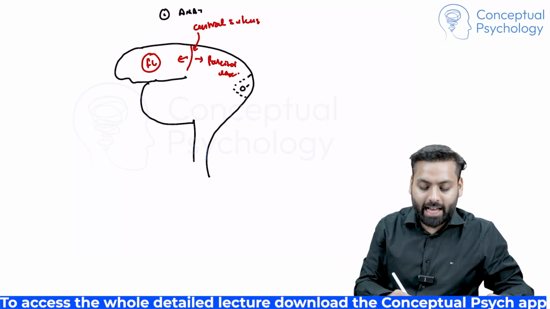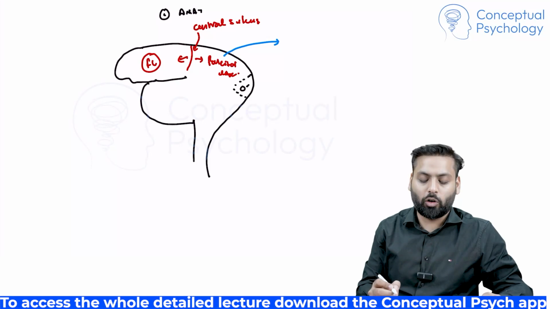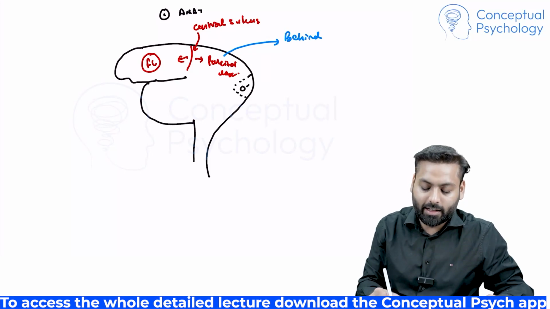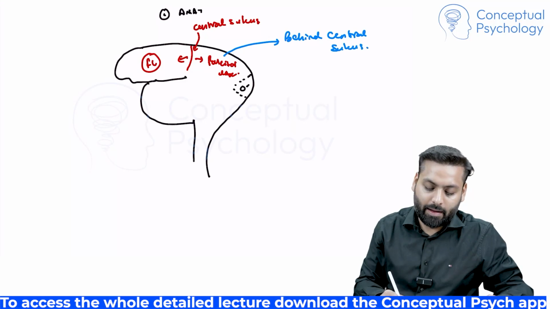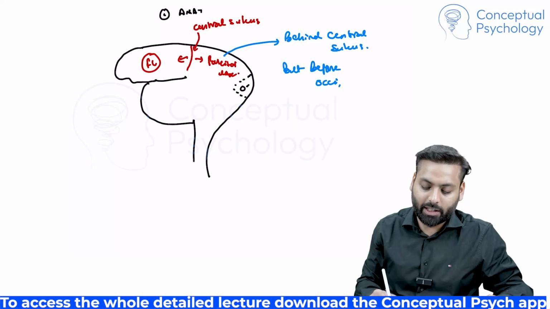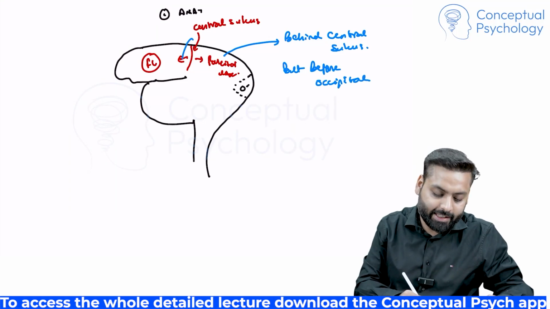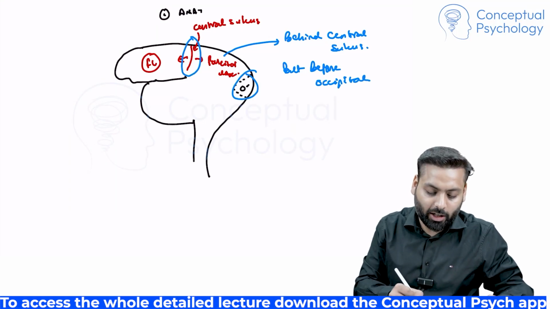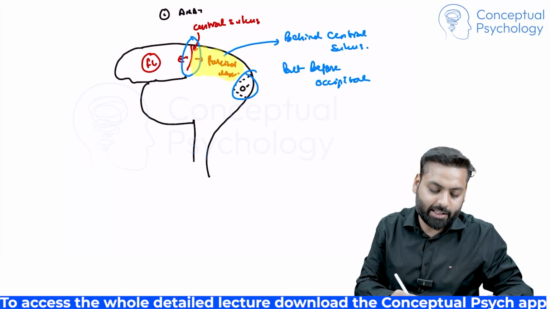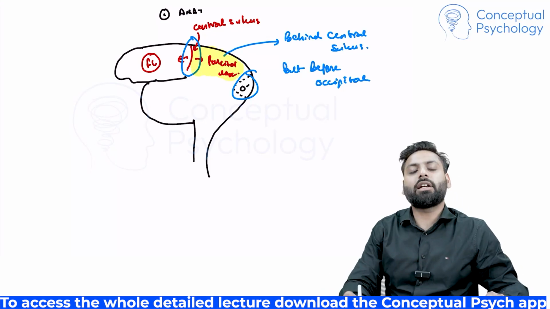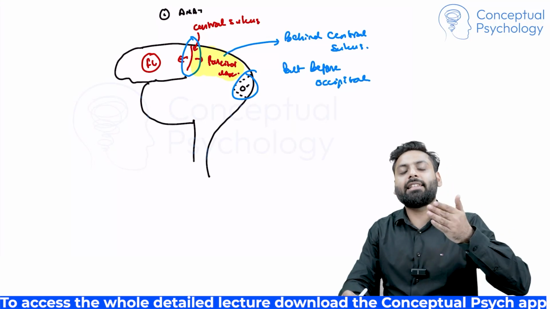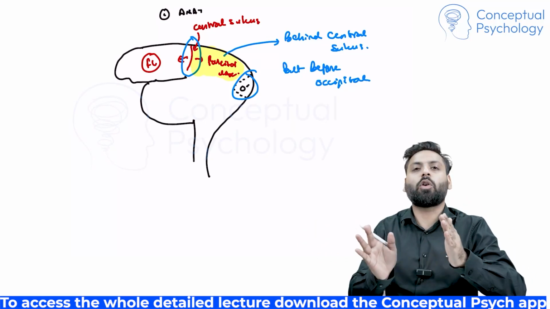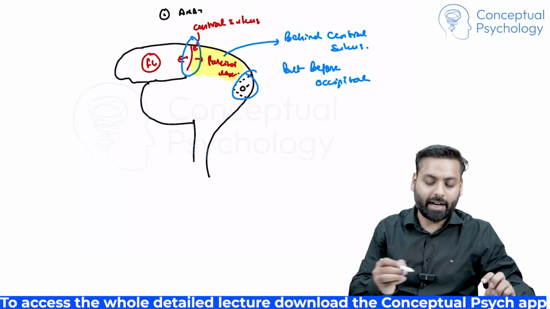So if they ask you the location of the parietal lobe, it is behind the central sulcus but before the occipital lobe. Between the central sulcus and the occipital lobe, whatever area you have is the parietal lobe.